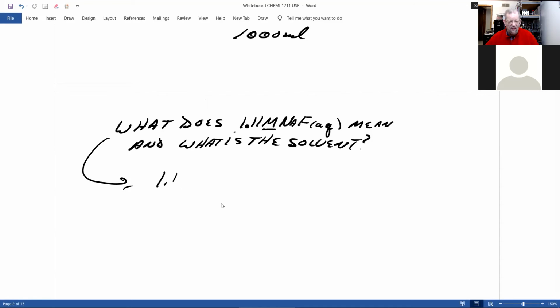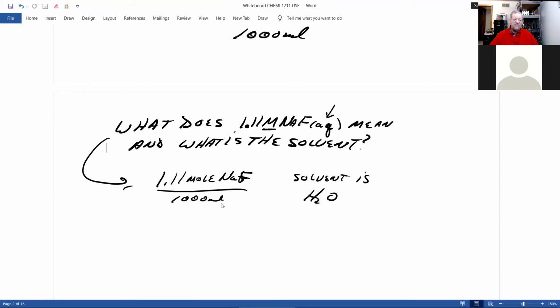It means 1.11 moles sodium fluoride per 1,000 milliliters. And what's the solvent? Whenever you see aq, that means the solvent is water. All right, let's move on.